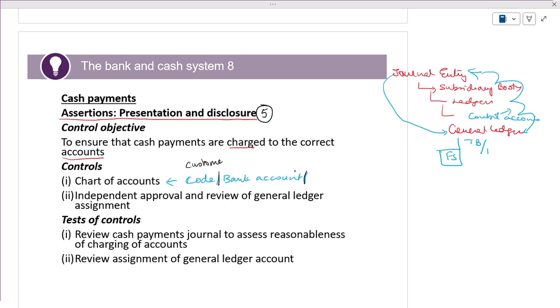Independent approval and review of general ledger assignment. There should be a third person who will give independent approval and review the general ledger assignment.